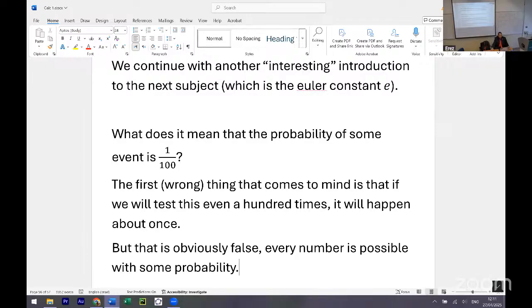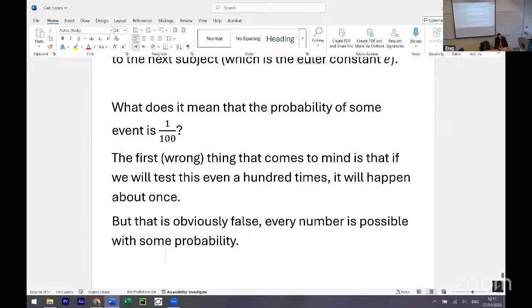And if I throw the dice 600 times, how many times will I get the result 1? A die with 6 edges, right? How many times do you expect the result 1 to appear? 100, right? But it won't be exactly 100, it would be about 100. Maybe it will be always 6. There is some probability that would happen, right?